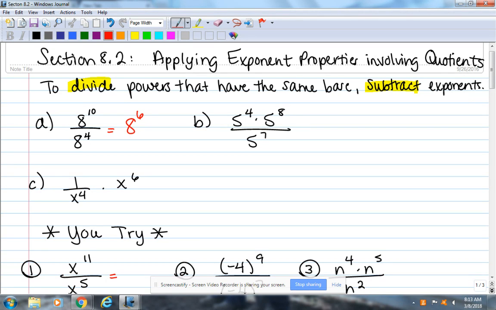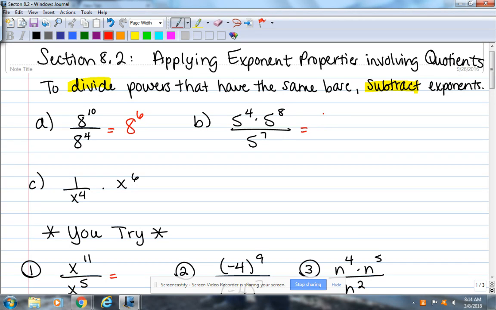On problem B, those are 5s if you can't tell. 5 to the 4th power times 5 to the 8th power divided by 5 to the 7th. Me personally, I like to simplify the numerator and the denominator separately before I start going on top of each other. So that 5 to the 4th power times 5 to the 8th power, what does that get?